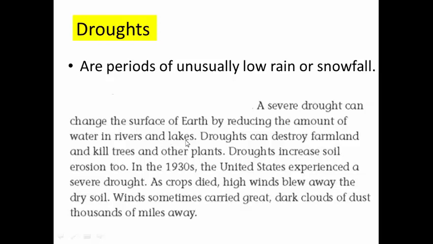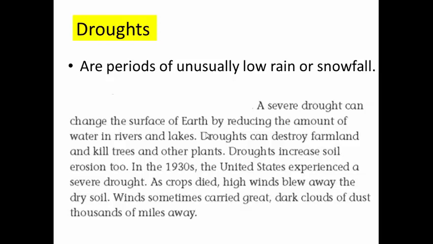Teacher, slowly. Okay. We know that drought can change the Earth's surface, because all of these factors that we mentioned, drought, volcanoes, earthquakes, landslides, floods, can change the Earth's surface. It's not a new thing for us.